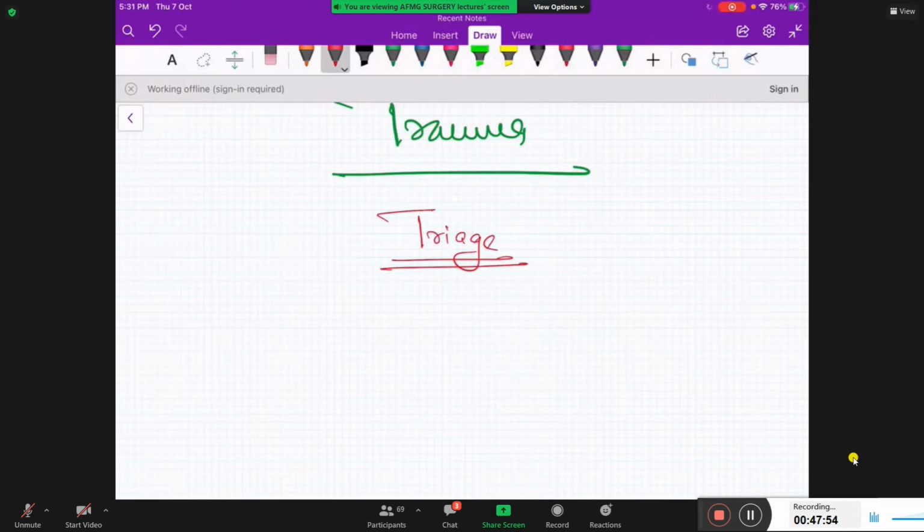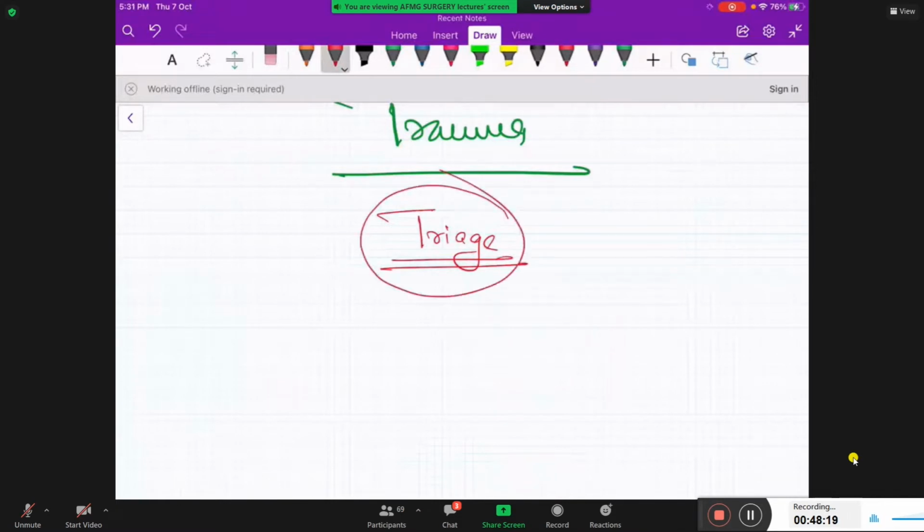So our primary objective in management of a patient of trauma is to save life. Whatever consequences we are going to have after saving life, we'll see later. Our primary objective first and foremost is to save life. Right? And how are we going to save life? How are we going to go about that is what we are going to discuss now.